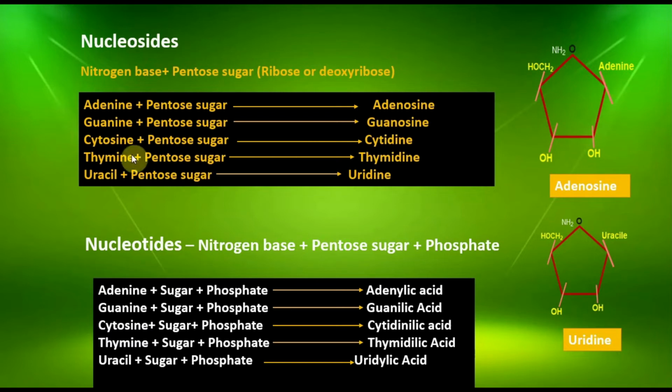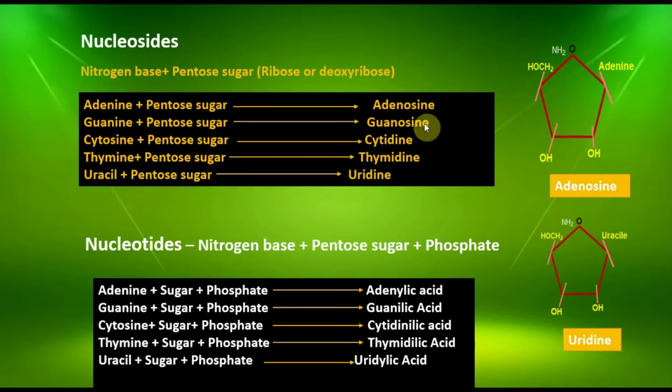Then guanine along with the pentose sugar forms guanosine, and cytosine along with the pentose sugar forms cytidine, not cytosine. Thymine with the pentose sugar forms thymidine, not thymosin. Uracil plus pentose sugar forms uridine. So these are the 4 different types of nucleosides.